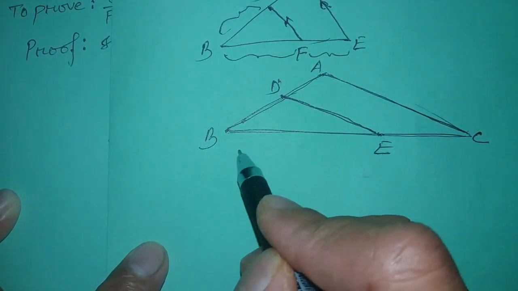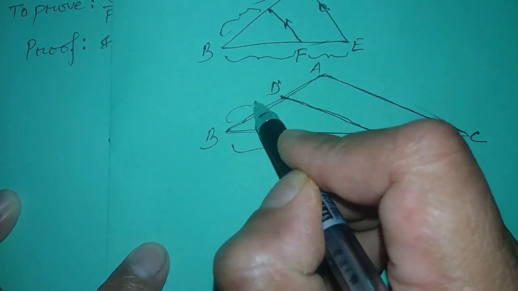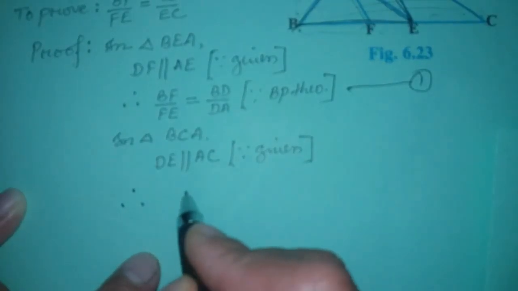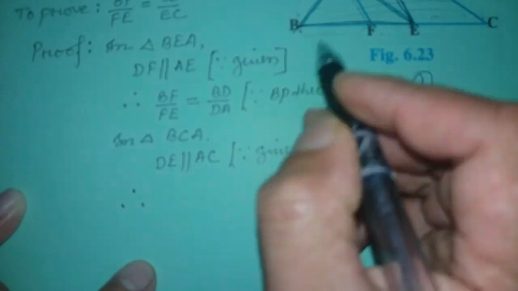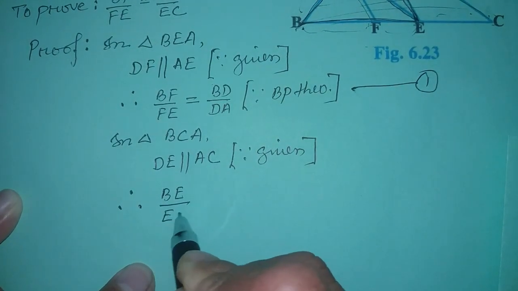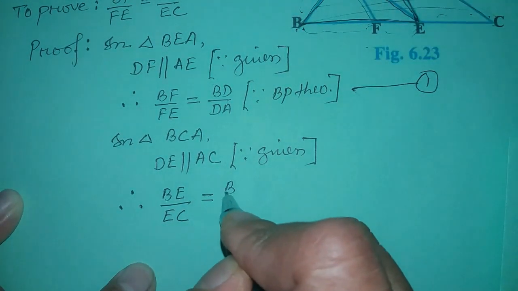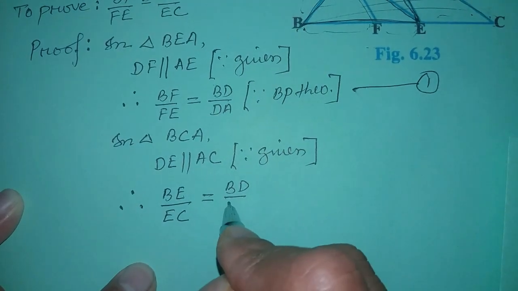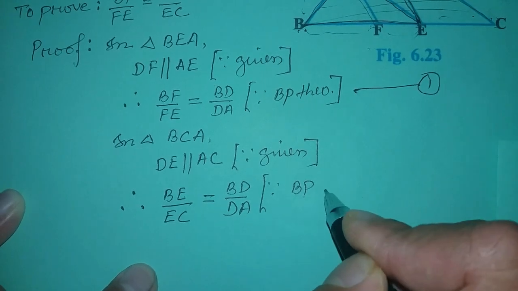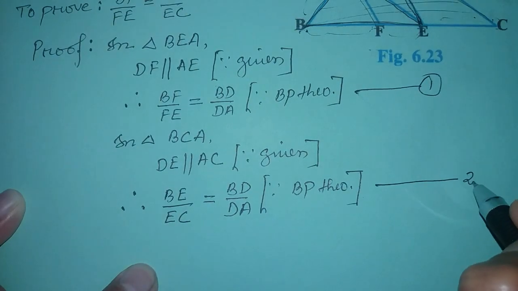So we will have here BE by EC is equal to BD by DA, basic proportionality theorem. Now let's call it 2.